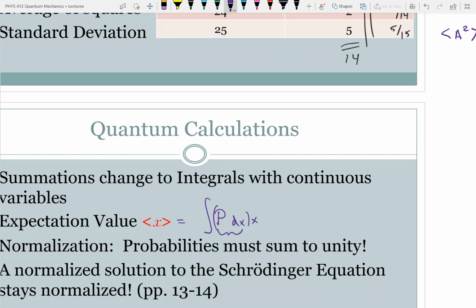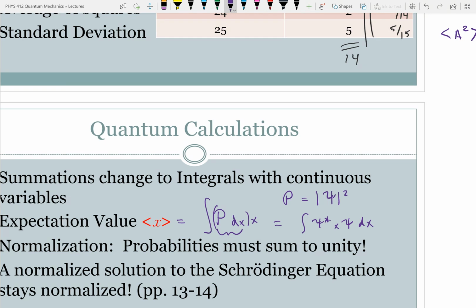But remember, according to the Born interpretation, the probability density is psi mod squared. And so this is equal to the integral of, now I changed the order.